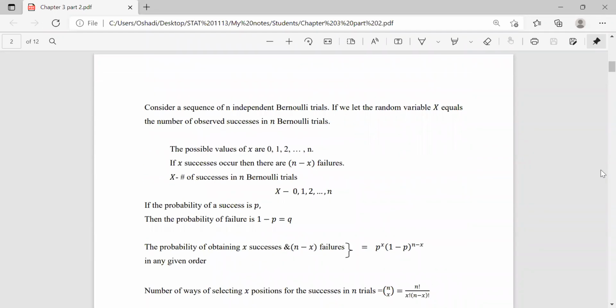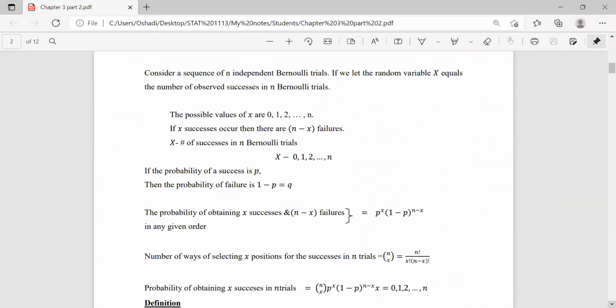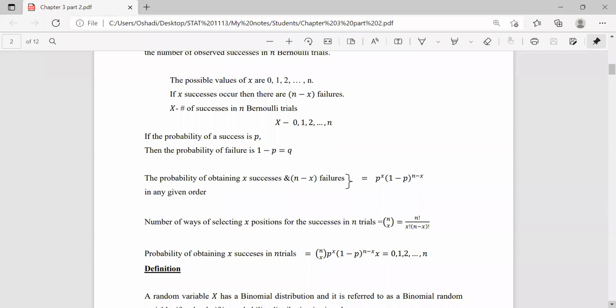We discussed some examples, and also we developed the binomial probability distribution as nCx p to the power x into 1 minus p to the power n minus x, for x from 0 to n, right?